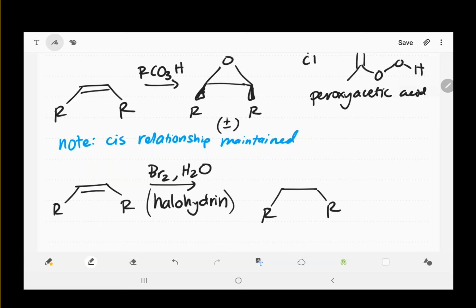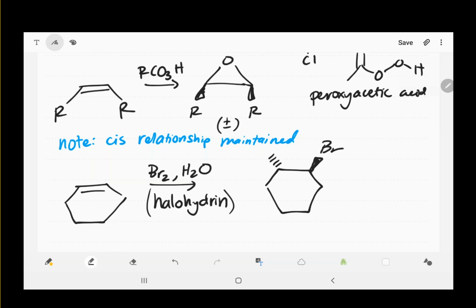And here, let's do it where these are just methyl groups, it'll make it a little easier. Actually, this is going to be terrible. Let's do it with a cyclohexene instead. With this reaction, in a trans relationship to each other, you get a halohydrin.